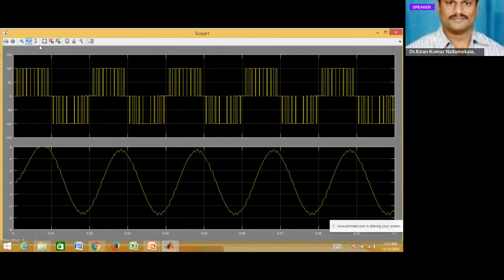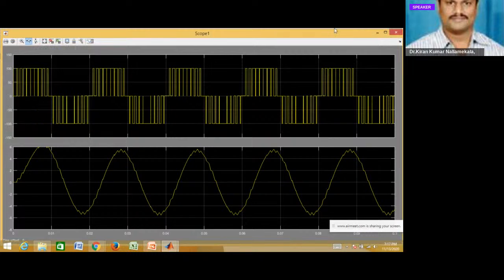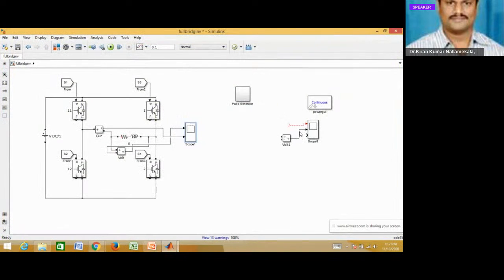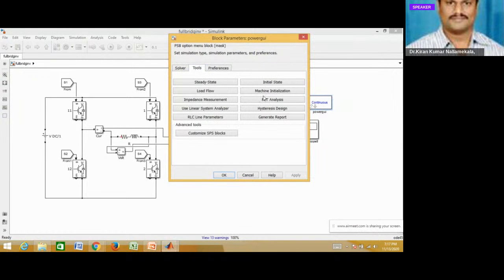Okay, now we will see what are the harmonics present in this circuit. Here the scope name is given as SC. I'll find out the harmonics present in scope SC. FFT analysis.